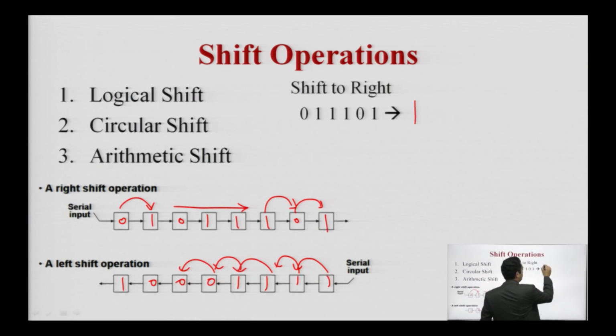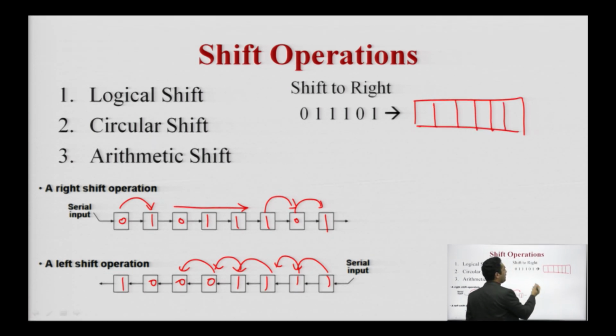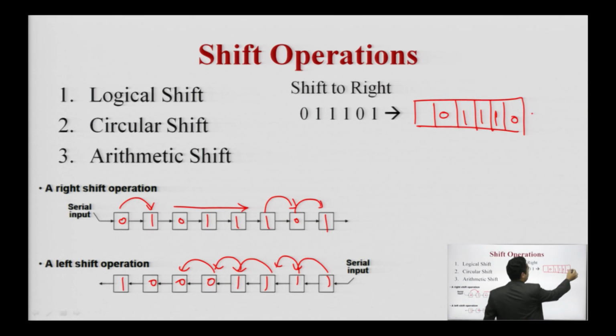See, if I am shifting this 0 to here, one shift we are performing here, we are shifting this complete number, this. So, this one will shift here, which is outside our scope.